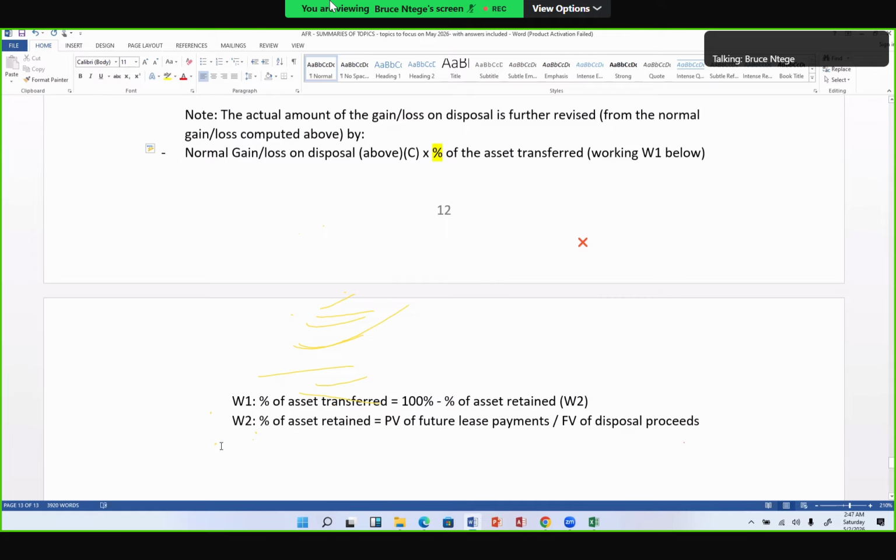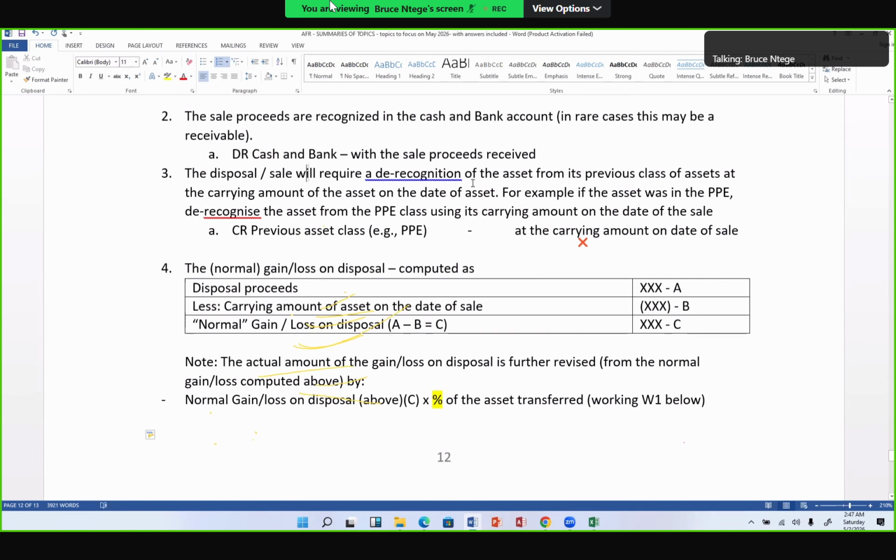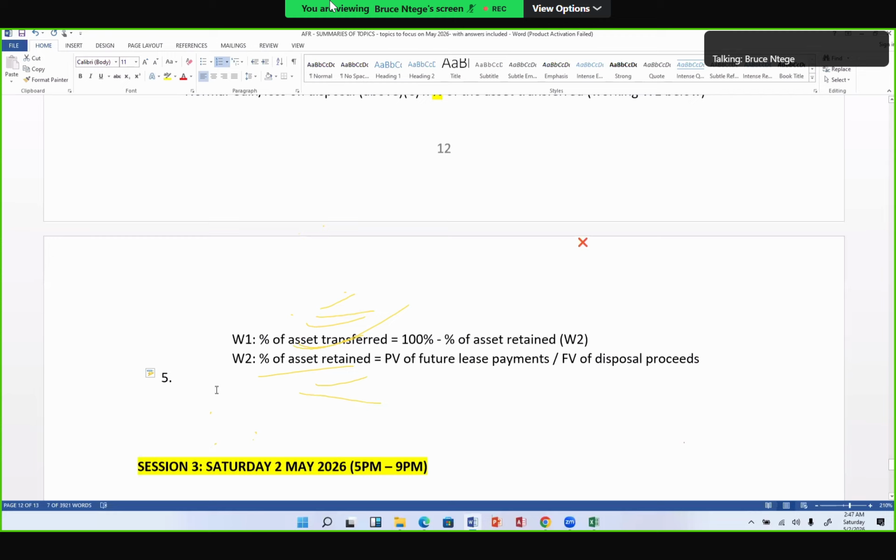Meanwhile, we shall say that that new asset, you remember it's not necessarily new, but by virtue of the fact that you have rented it back immediately, it's new in your financial statements because you took it out in number 3, to say that that asset that was PPE has been derecognized. As if you've taken it out of your balance sheet, then you bring it back as a right of use asset.